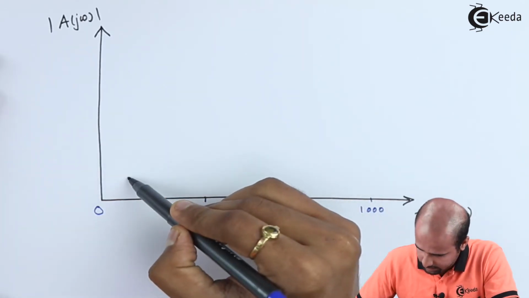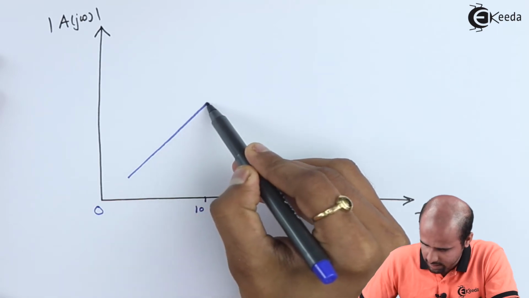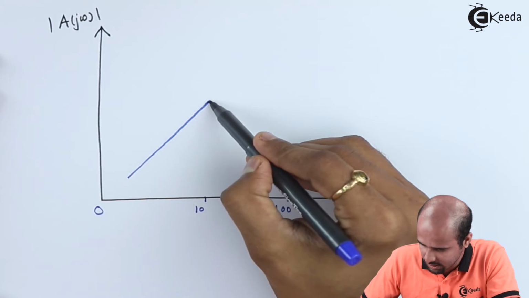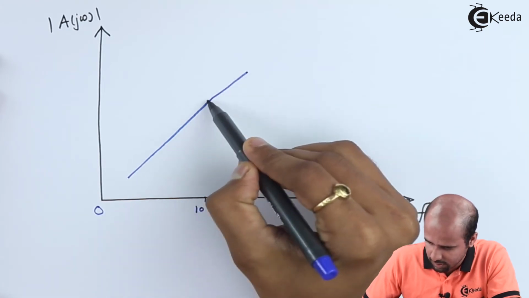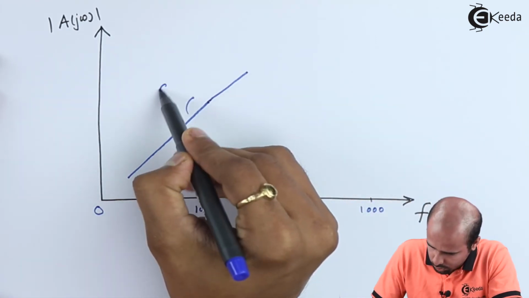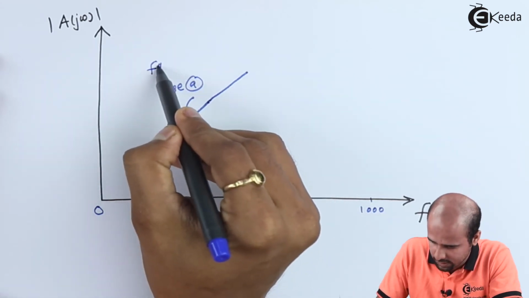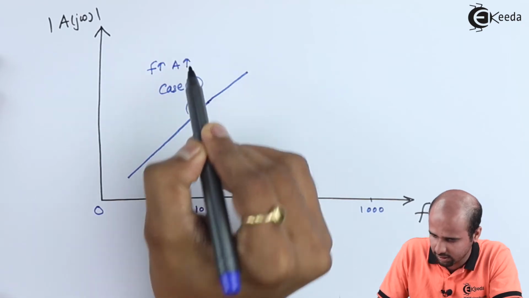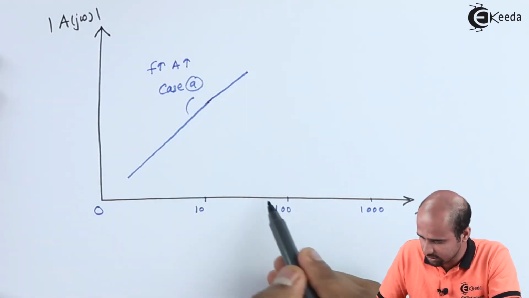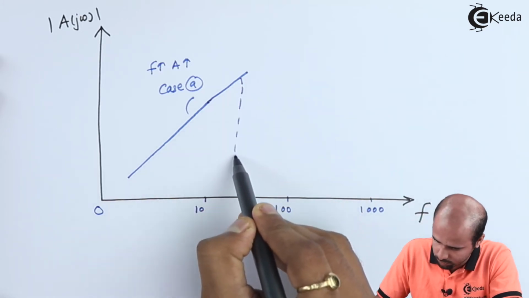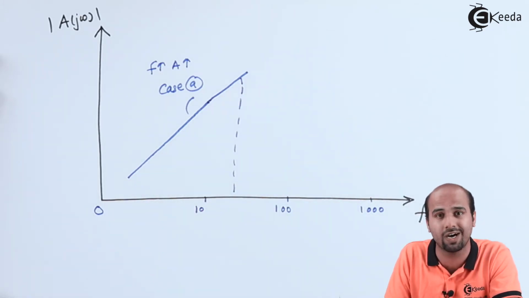We are saying that this gain is increasing as per case number 1. So this is increasing linearly, and we will say that this is case number A. As frequency increases, A increases, and at a particular value, according to the value of R and C, we will get the value of FH, because FH is equal to 1 upon 2 pi RC.